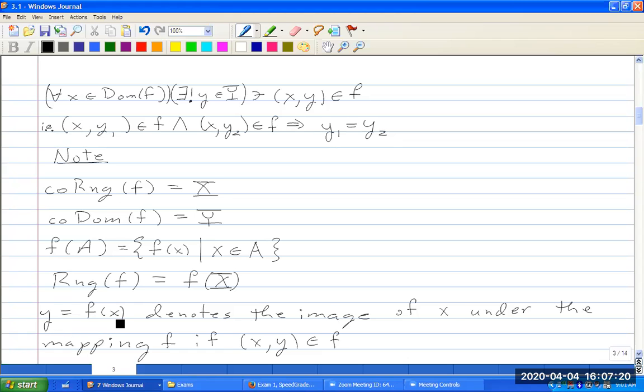Y equaling f of x denotes the image of x under the mapping F if the ordered pair xy is in the set F.